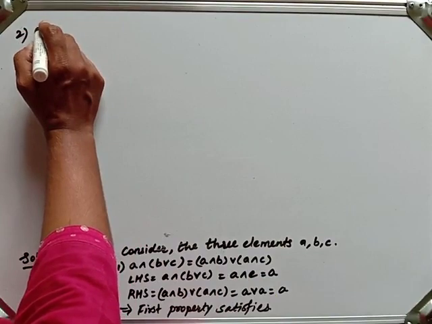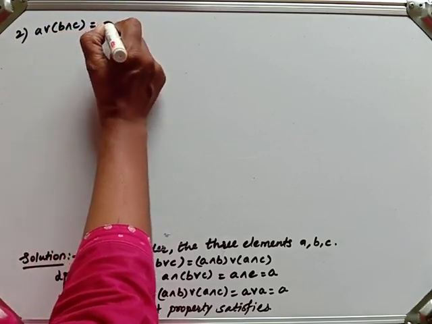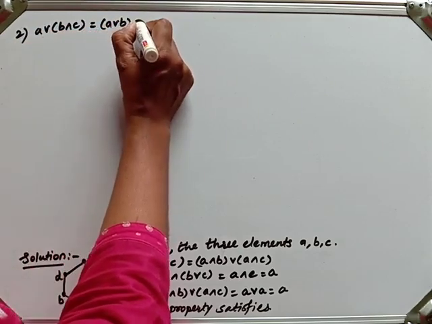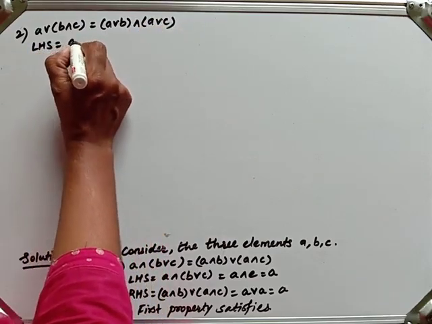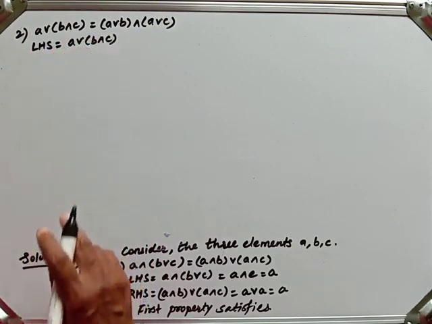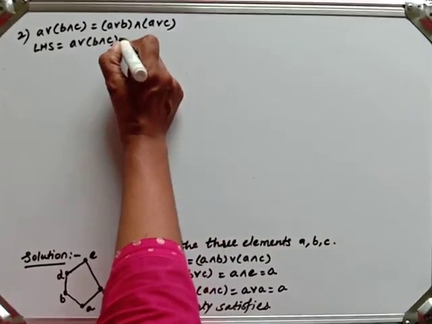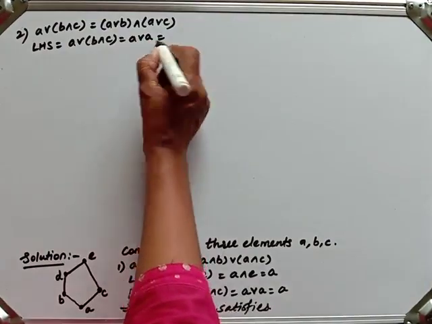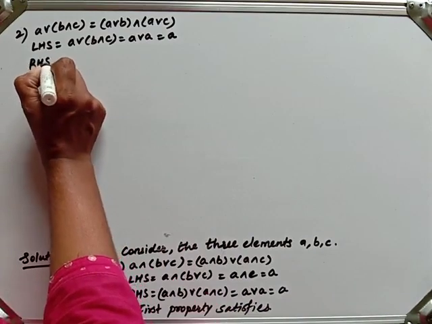It is A join B meet C equals A join B meet A join C. So LHS is A join B meet C. B meet C means the greatest lower bound of B and C, which is A. So it will be A join A, and again the upper bound of A and A is A itself.